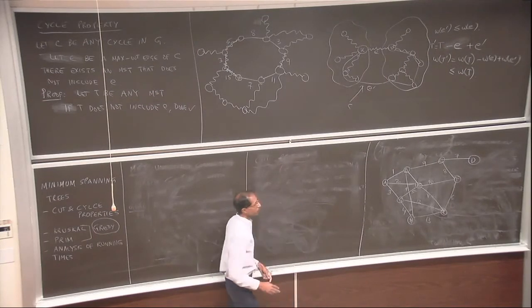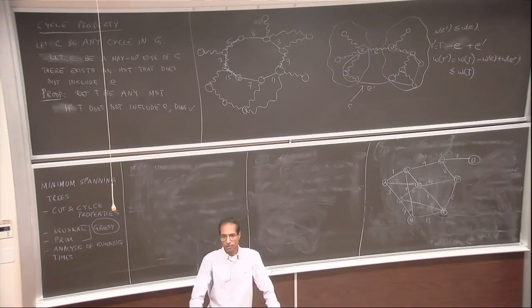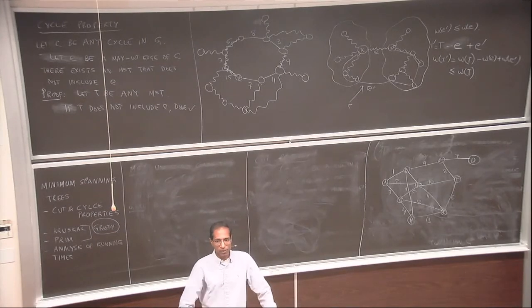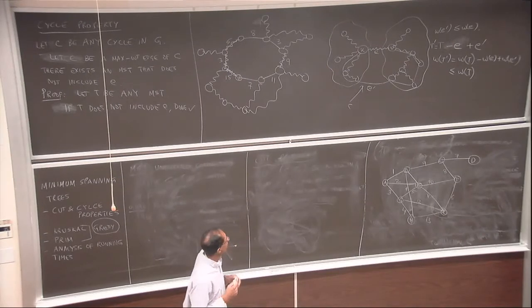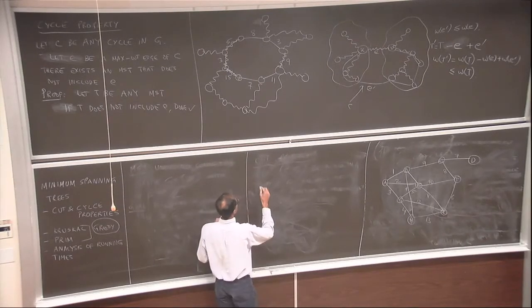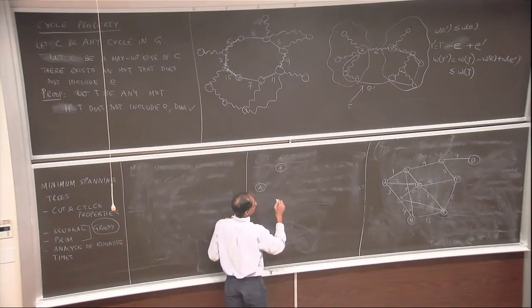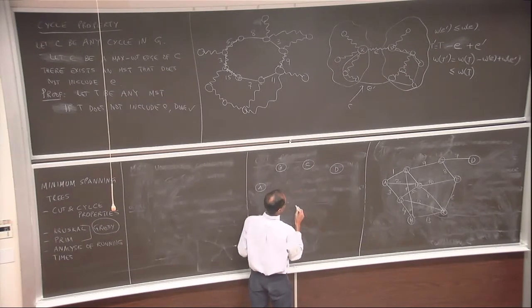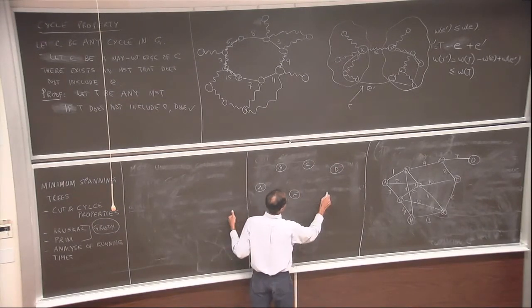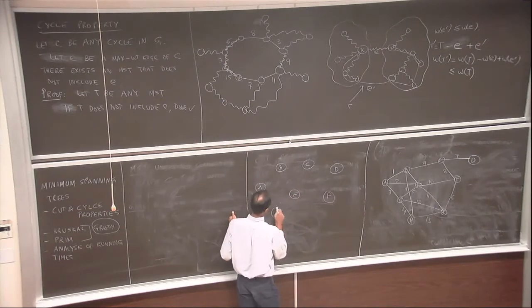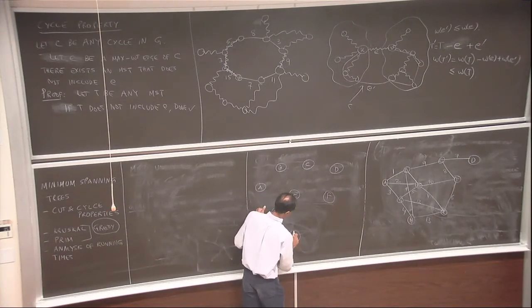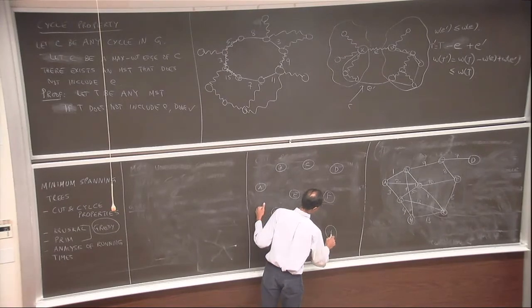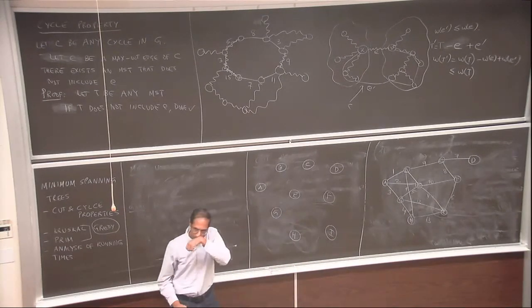Okay, so the idea behind Driscoll's algorithm is that we will start from an empty plate and we will build our tree. So you have A, B, C, D, E, F, G, H, I. Okay?